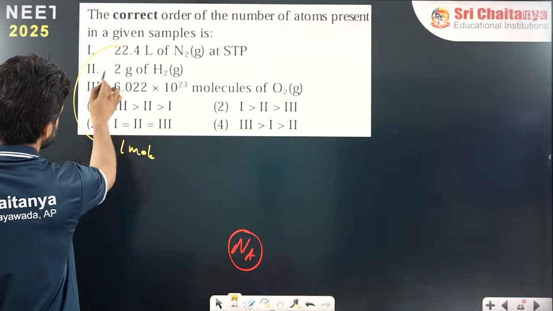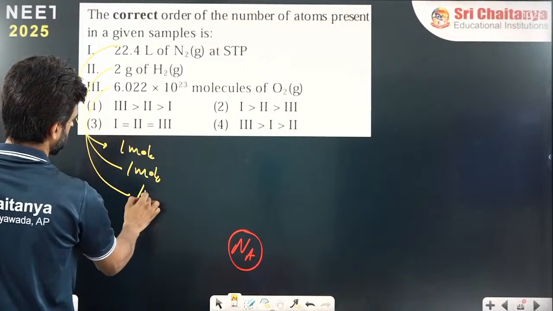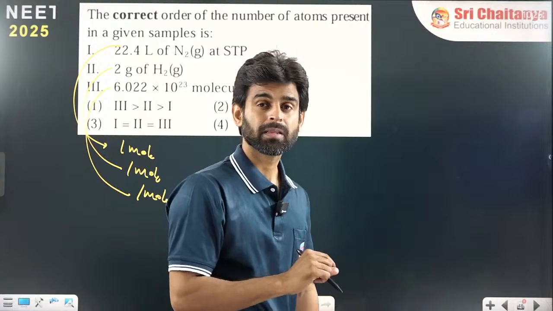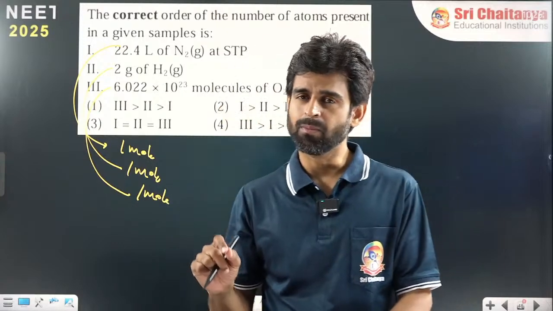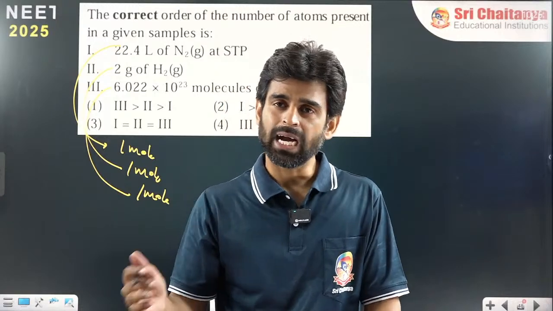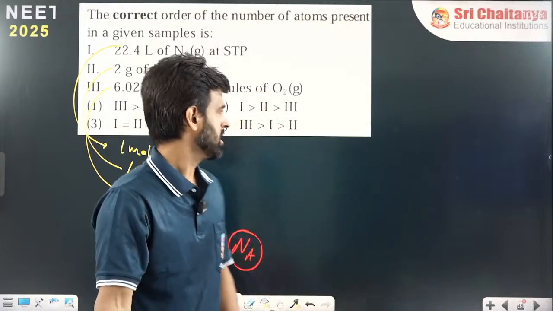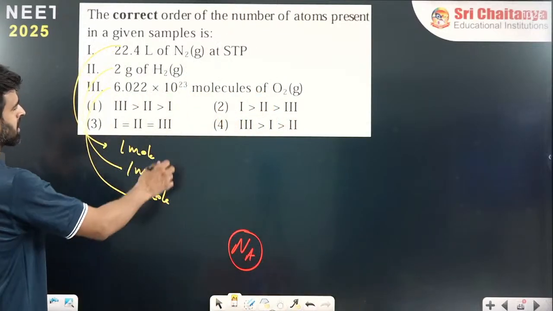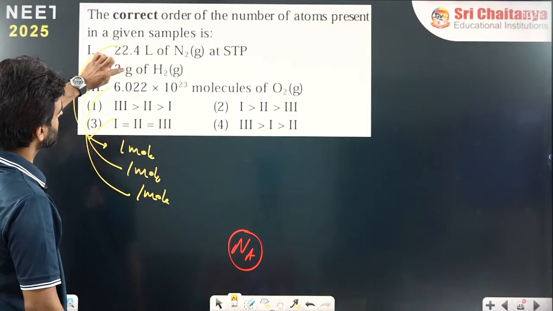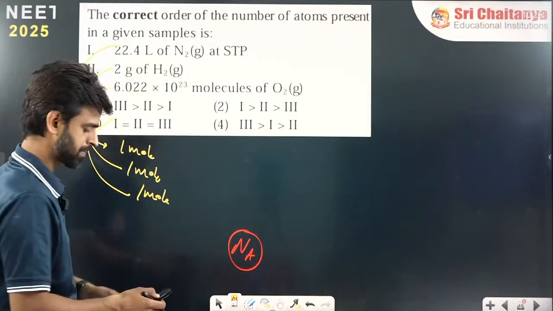Here also 1 mole, and here also 1 mole. If moles are same, definitely molecules are same, because mole into Na gives us molecules. Maybe atoms can be different because atomicity also comes, but the molecules will be same. So we can see easily all are same. Here I used V by 22.4, W by molar weight, given particles by Avogadro number, right?